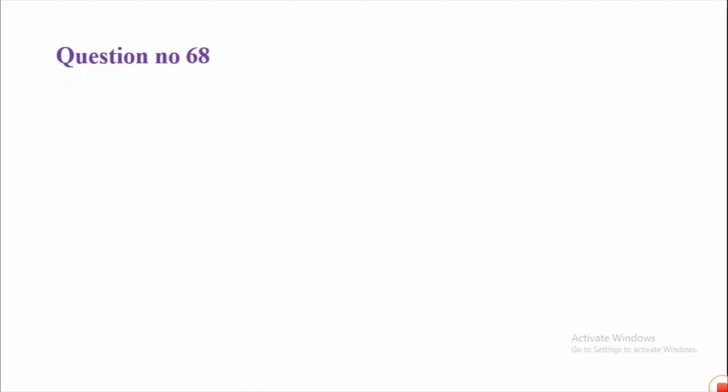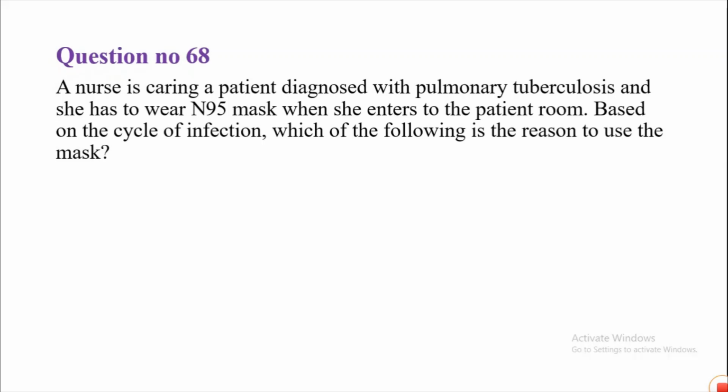Question number 68. A nurse is caring for a patient diagnosed with pulmonary tuberculosis, and she has to wear an N95 mask when she enters the patient room. Based on the cycle of infection, which of the following is the reason to use the mask?